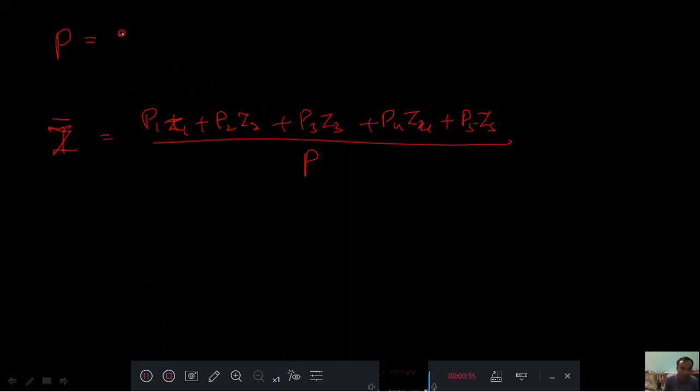The total value we got here is 119.98, round it up to 120 kilonewton only, and z bar we got here, just substitute and calculate, is 1.5 meter.